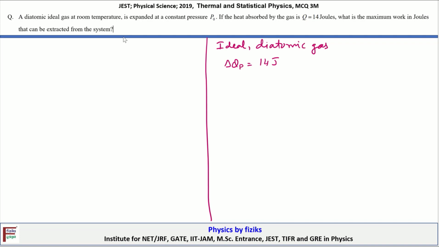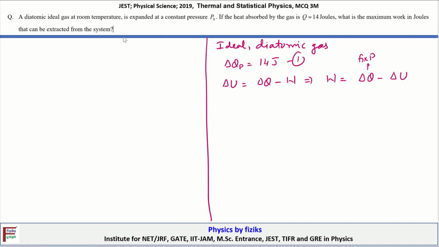So the maximum work can be calculated with the help of the first law of thermodynamics, which says that delta U is equal to delta Q minus W. From here one can calculate the work done during this constant pressure process: W is equal to delta Q minus delta U. Remember that delta Q is at constant pressure, fixed P, and it's given to us.